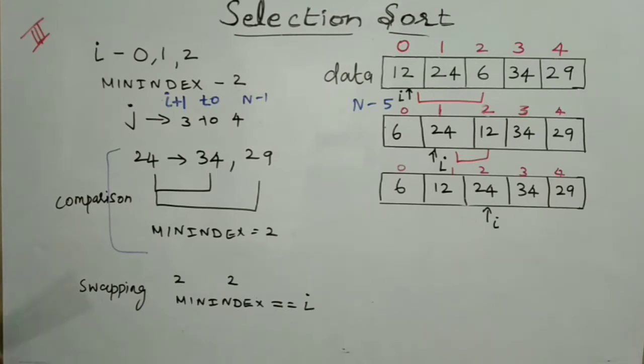When minimum index and the appropriate position I are not equal, then we are supposed to do the swapping procedure.